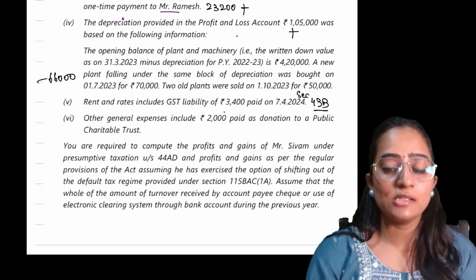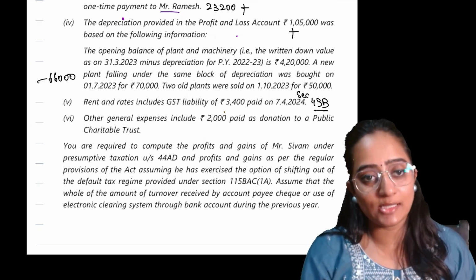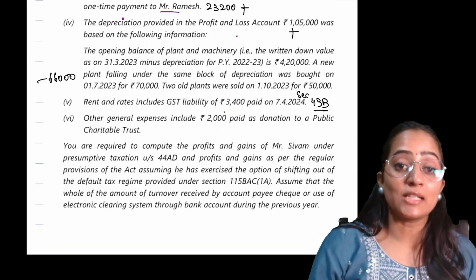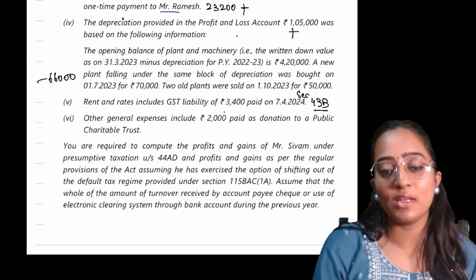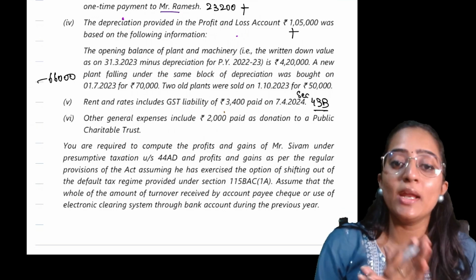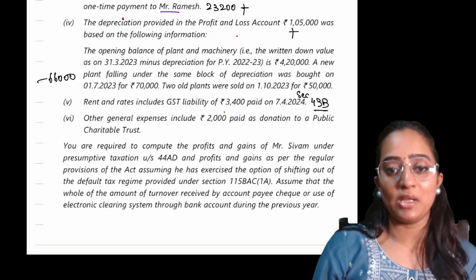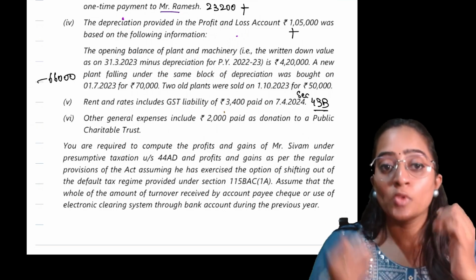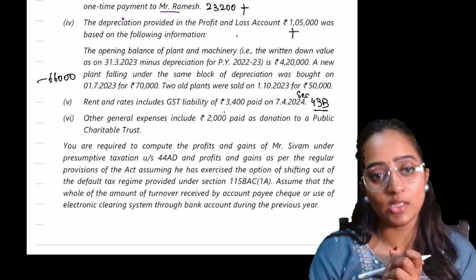Section 43B states, if you make actual payment of your tax, duty or cess, whatever is liable to be paid to the government, on or before the due date of return filing under section 139(1), then the actual amount paid will be allowed as deduction.